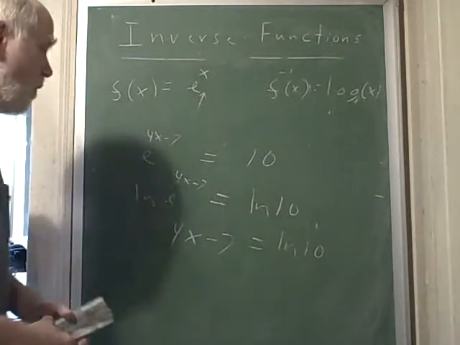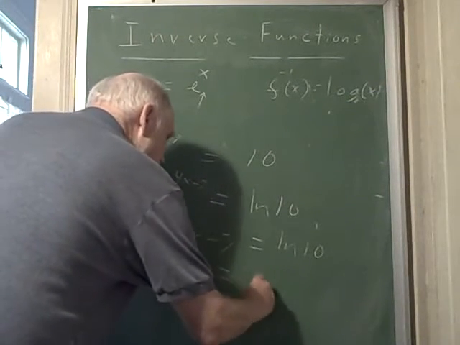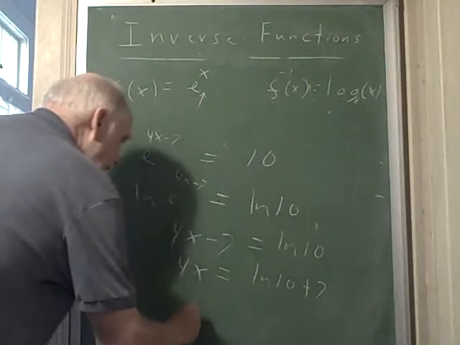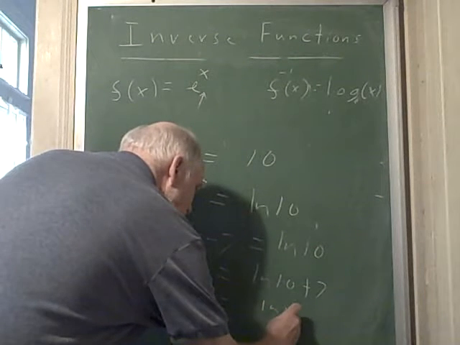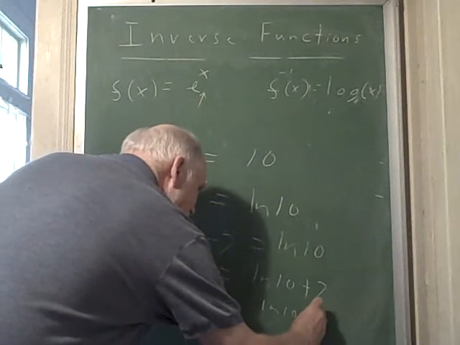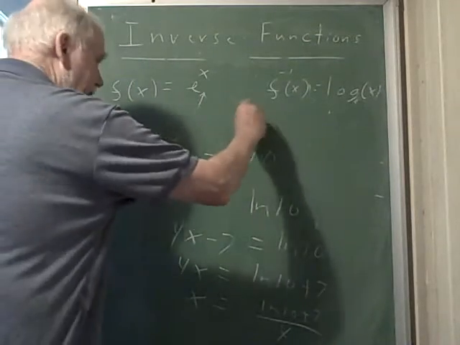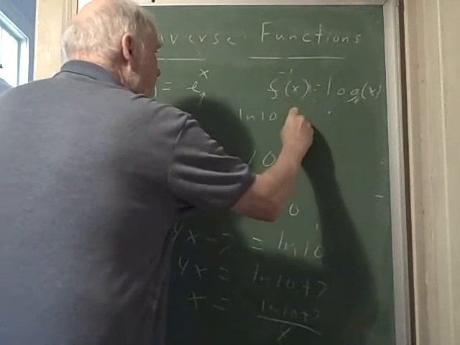And this is a linear equation, and I simply go 4x equals ln 10 plus 7, and x equals ln 10 plus 7 over 4. So my answer, I'll write it up here in case you can't see it, is ln 10 plus 7.